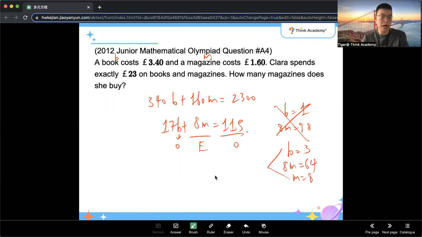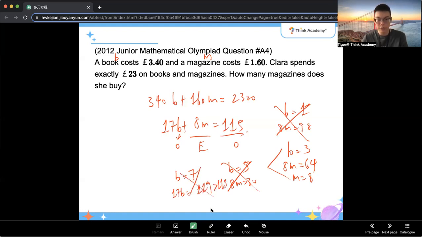And then when B is 5, 17B is going to be 85, and then 8M is 30, which doesn't work either because 30 is not divisible by 8. And when B is 7, 17B is going to be 119, which is greater than 115.